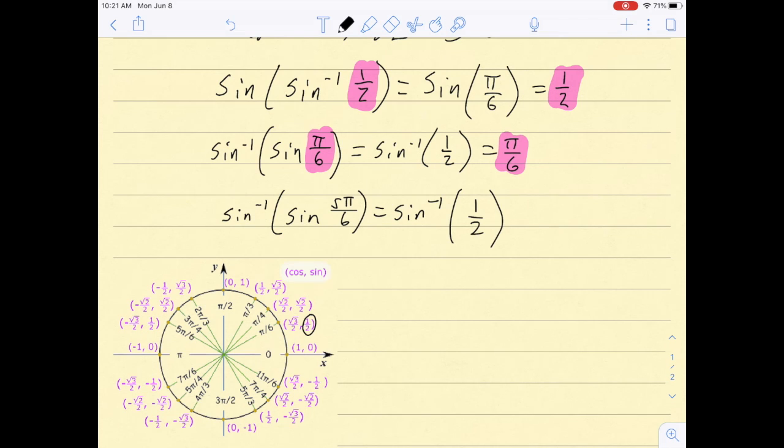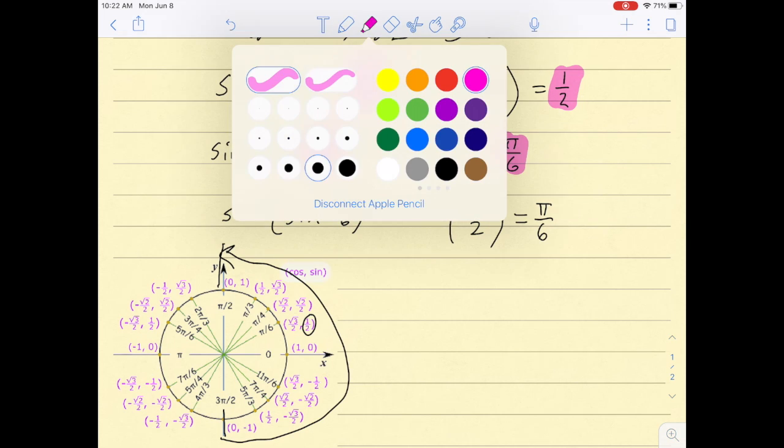But now, because the sine goes from here around to here, the inverse sine of 1/2 is not the same as 5 pi over 6. That's not in the range of this function. So for this, we would then get, again, pi over 6. So in this case, notice that these are now different.